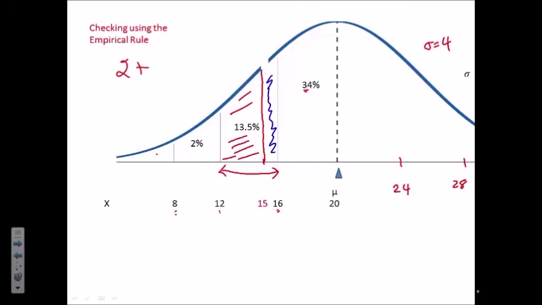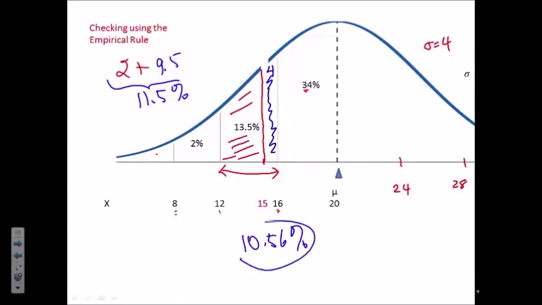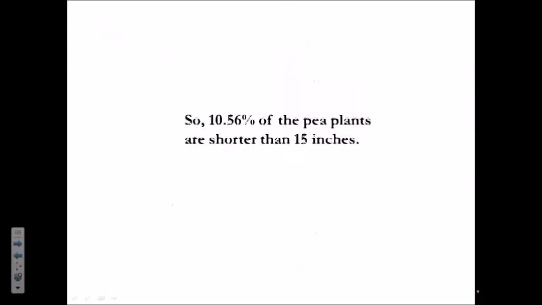Maybe 4 or 5, something like that. Let's call it 4. If this area is 4 from 13.5, that is something like 9.5, so we get 11.5%. Well, if you recall, our answer was 10.56%. That's about 11%. This is 11 or 12%, so our answer sounds reasonable.